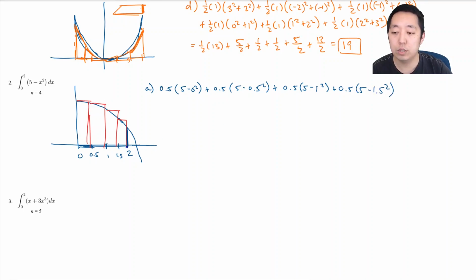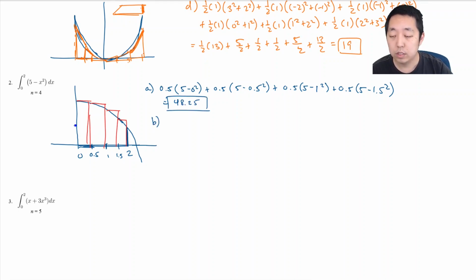Note that I don't use 2 because the height at 2 would not be the left point of any of my 4 rectangles. Okay, so I'm going to get 5 times 4 minus 0.5 squared minus 1 minus 1.5 squared, and then times 0.5. I got, when I added this up, 48.25.